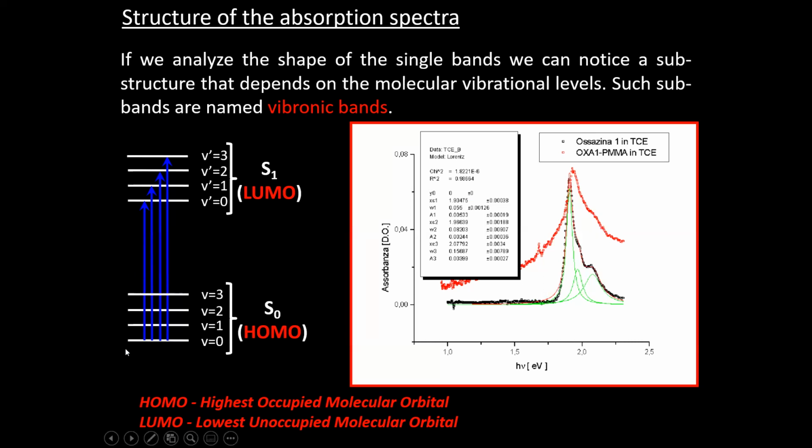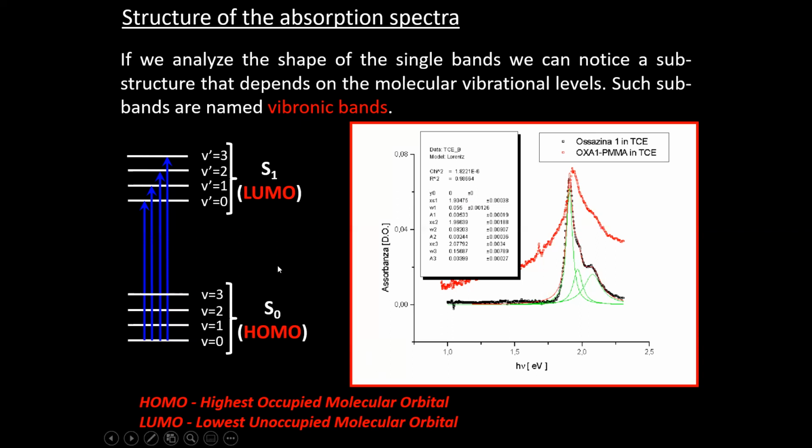So this is an electronic level that is composed of several different vibrational sublevels. Okay? And the first excited electronic state that you can reach with an optical transition is named the LUMO band. And this is the lowest unoccupied molecular orbital.